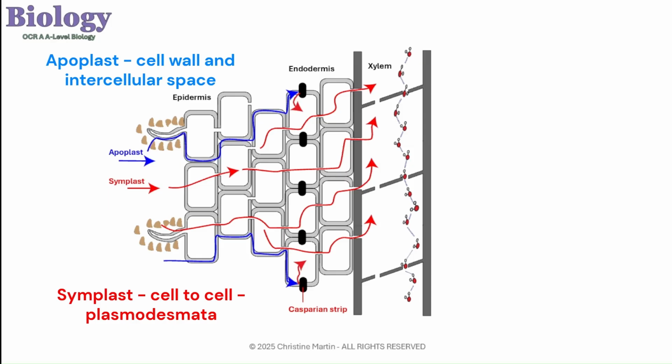This strip is made up of suberin, a waterproof substance which blocks the apoplast pathway. As a result, all water and the dissolved minerals is forced to cross a plasma membrane and move into the symplast pathway before entering the xylem. This ensures that the plant can control what substances pass into the vascular tissue.